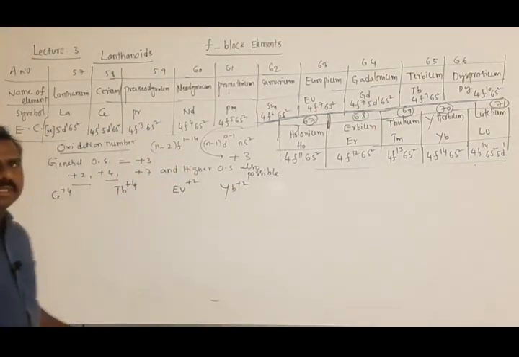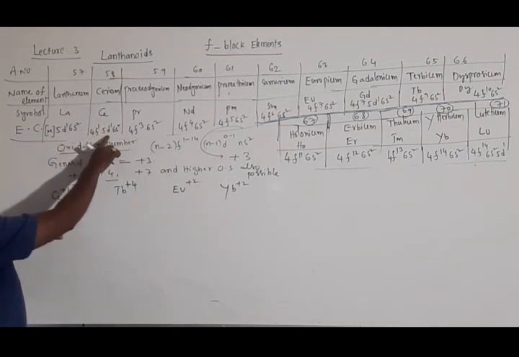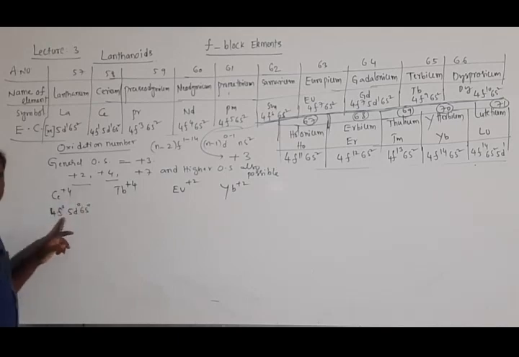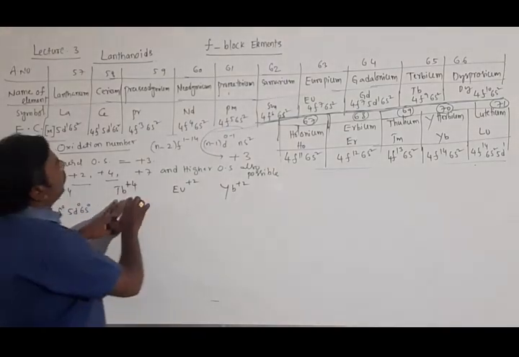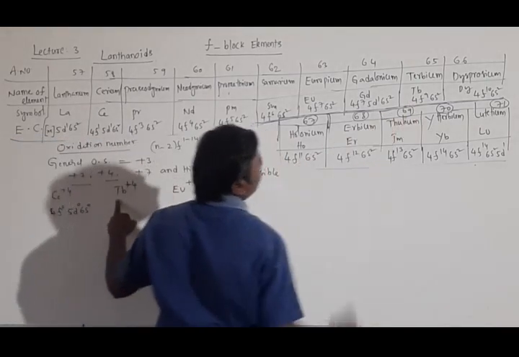Just observe these oxidation states. Plus 4, cerium: 4f1, 5d1, 6s2. If 4 electrons are removed, then only plus 4, that's why 4f0, 5d0, 6s0. It is stable in plus 4. Terbium plus 4, where is terbium? This one, terbium, 4f9, 6s2.